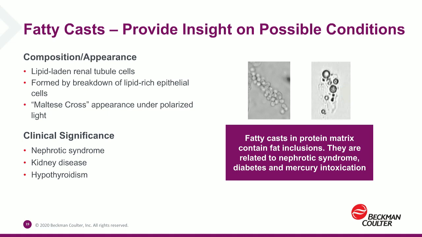Fatty casts are made of just that, fat or lipid-laden cells. They are formed by the breakdown of lipid-rich epithelial cells. They appear as a distinctive T's cross pattern under polarized light and are clinically significant for nephrotic syndrome, diabetes, and hypothyroidism.